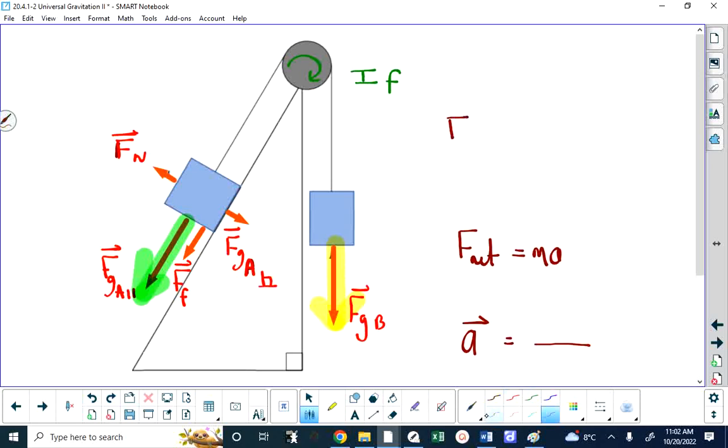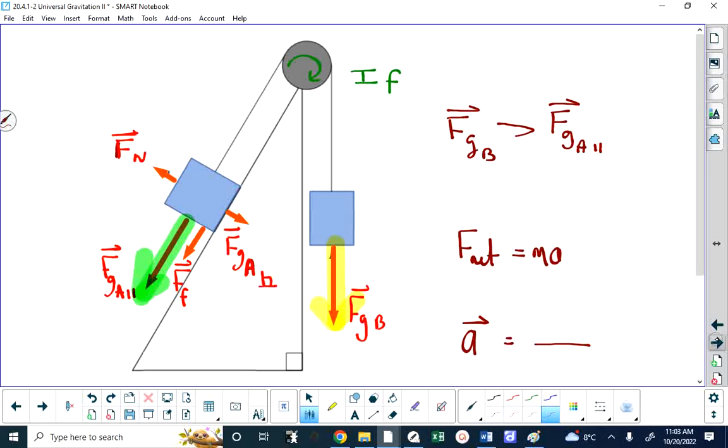If the force due to gravity acting on B is more than the parallel component of the force due to gravity acting on A, then it's going to turn the pulley clockwise. And if it moves that way, box A starts moving up the ramp, which means the force of friction is down the ramp. I don't know that it is. You're going to have to do some calculations along the way to find out.